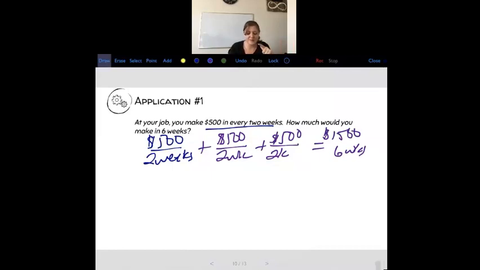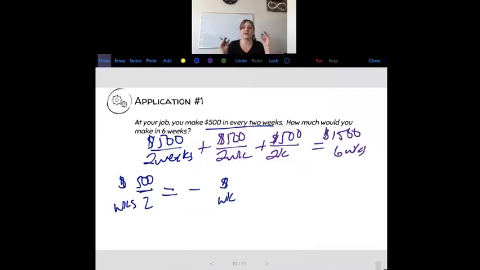If you're going to set up a proportion, you would set up 2 fractions and use x for the missing value. So for instance, I'm going to choose dollars and weeks, and you have to be consistent. So I make 500 every 2 weeks. Notice for the other fraction on the right-hand side, I've also set up dollars to dollars, weeks to weeks.